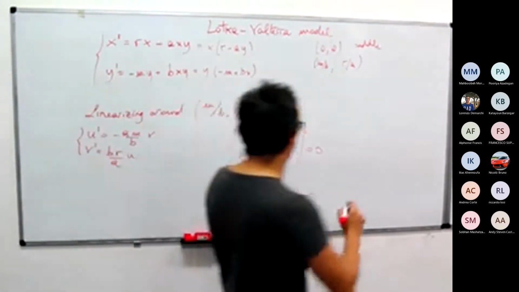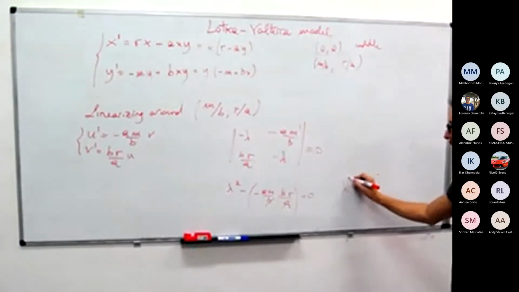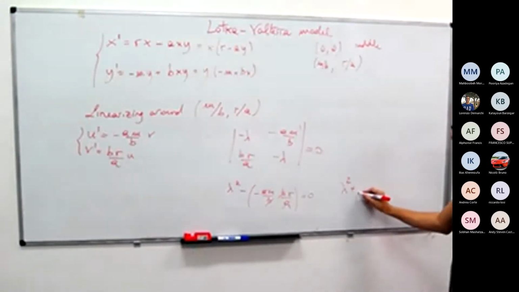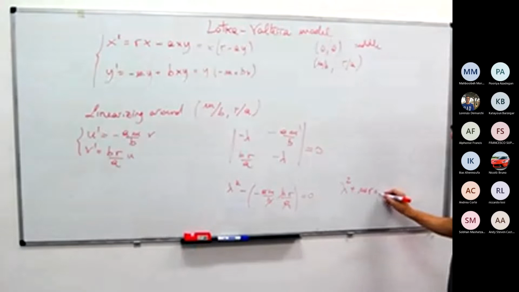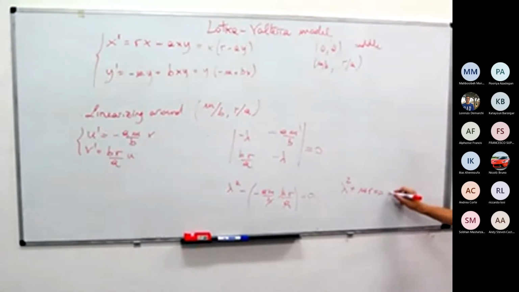But then I have lambda squared plus m r equal to 0, which basically tells me that the eigenvalues in solution are plus minus i times square root of m times r.